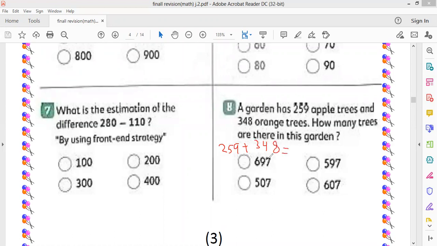Start with ones. 9 plus 8, 17. We write 7 and raise 1 to the next place. And 1 plus 5, 6. And 6 plus 4, 10. We put 0 and raise 1 to the next place. 1 plus 2, 3. And 3 plus 3, 6. 607.